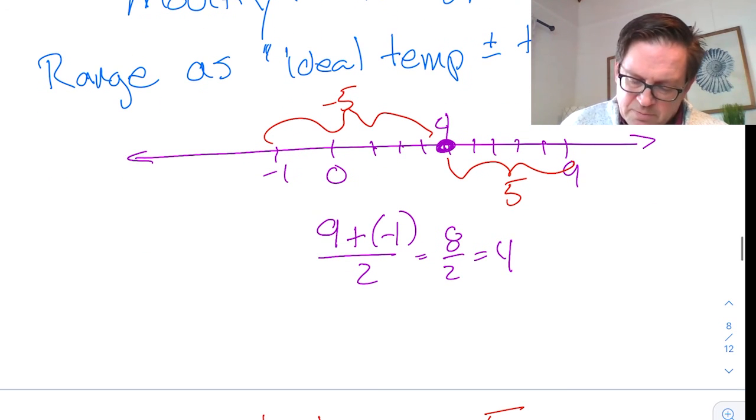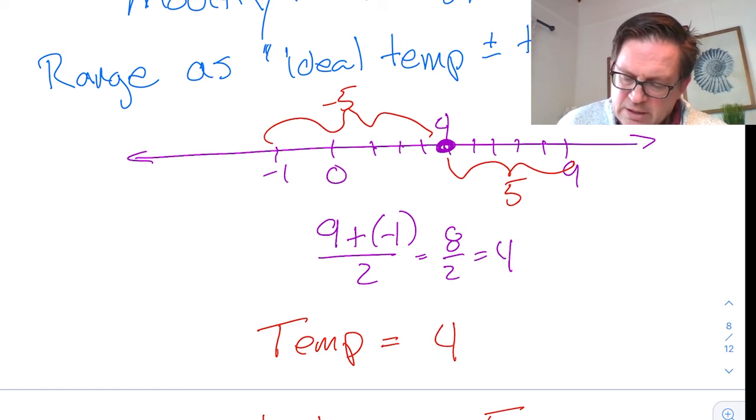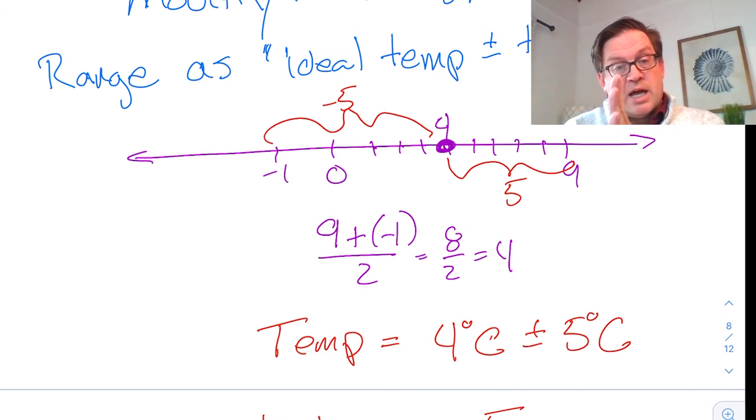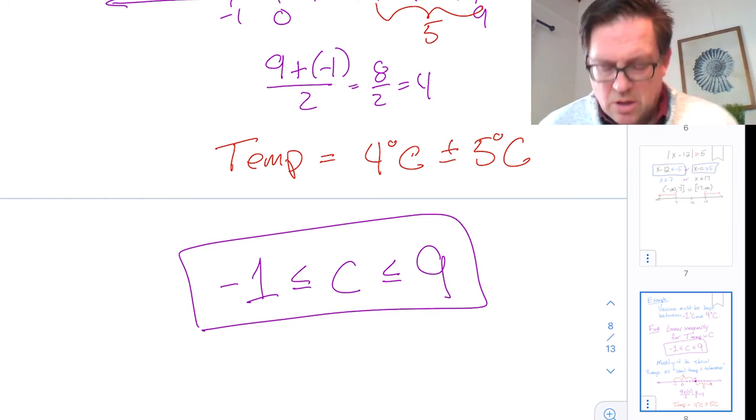So I want the temperature to be 4 degrees Celsius plus or minus 5 degrees Celsius. That goes from 4 up to 9 or down to -1.